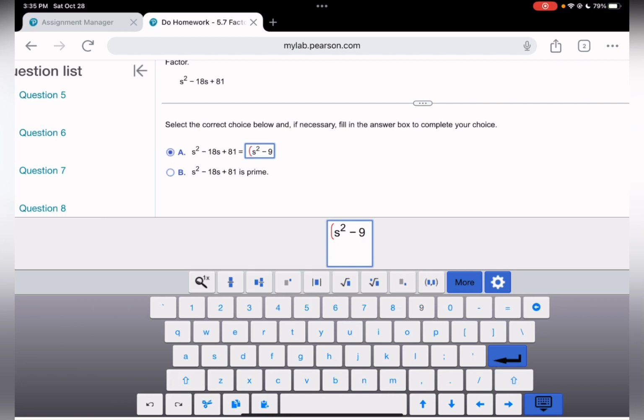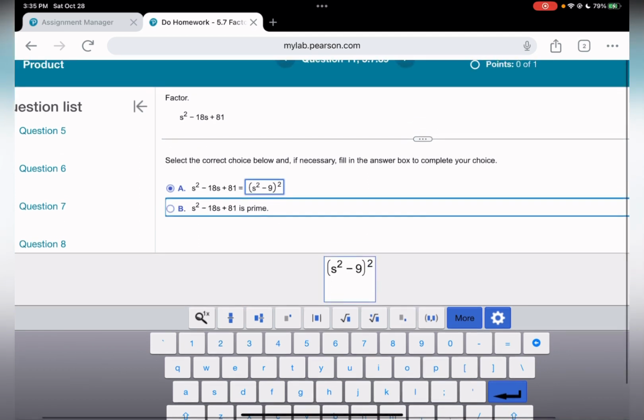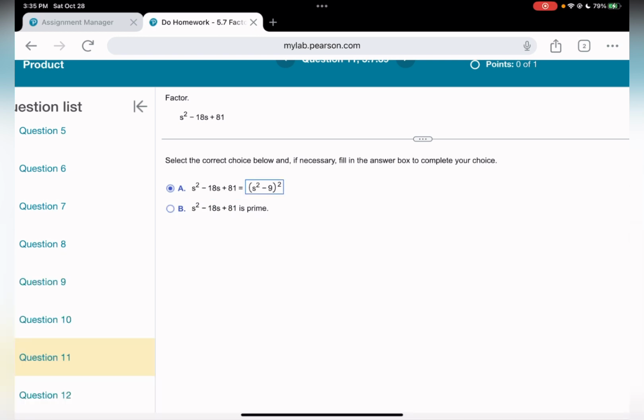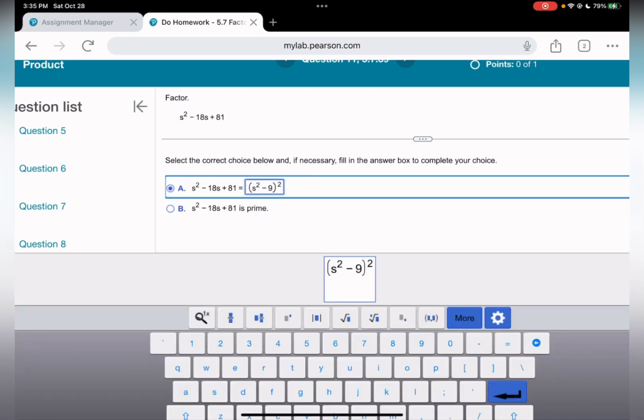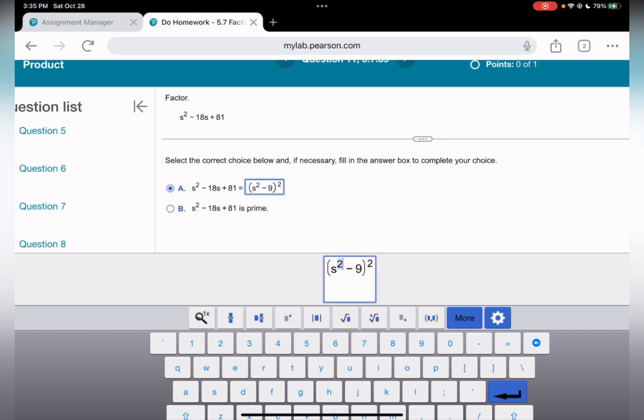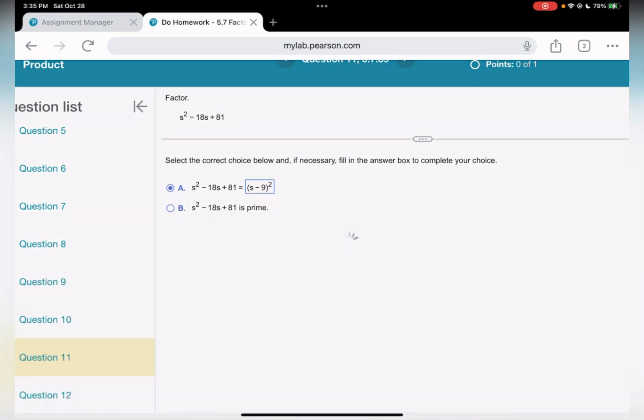Minus 9, closing parentheses, and squared. If you check the middle, 2ab, minus 2 times s times 9, negative 18. Okay, again, there is no squared, hold on. Okay. There we go.